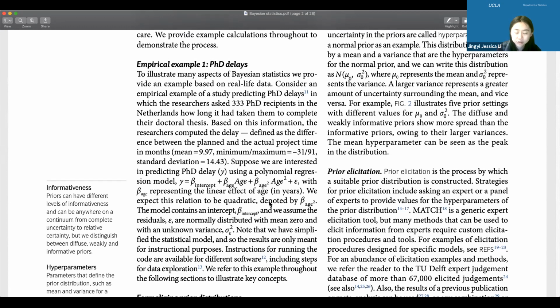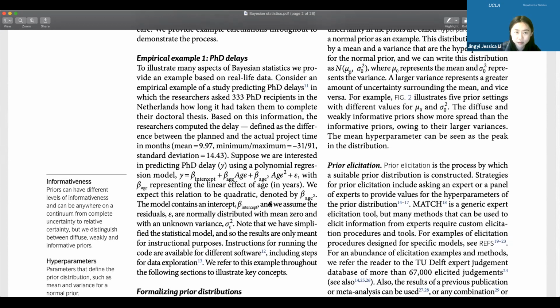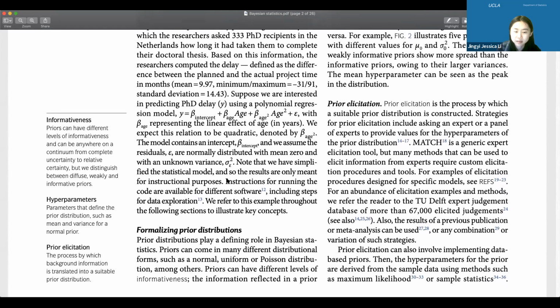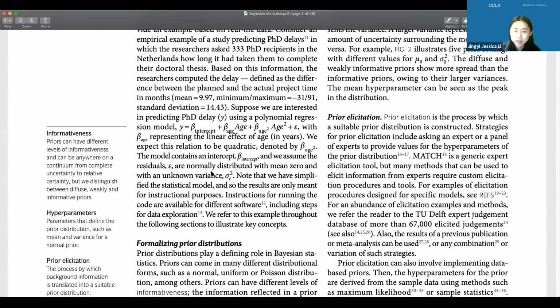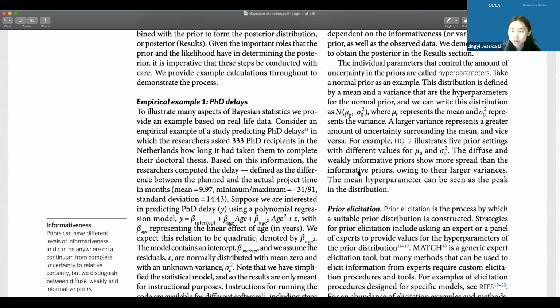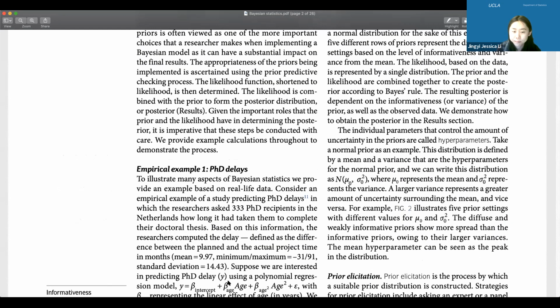But here they're trying to use this example for Bayesian modeling. For Bayesian modeling, we assume the parameter to be random, so we need the prior. In this case, they focus on this parameter, beta age, and assume it follows a normal prior, because the data generating distribution is normal.